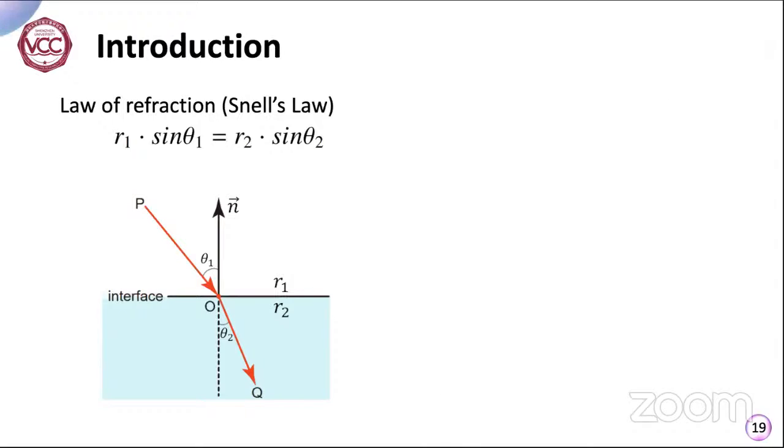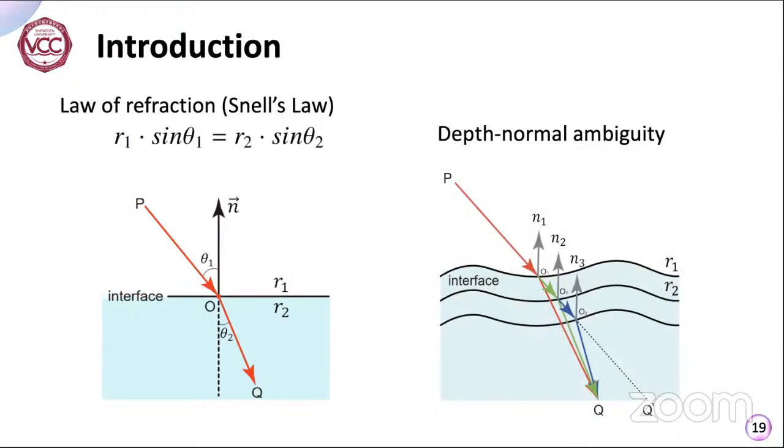However, this is an underdetermined problem, even in the case of a single refraction. Consider that a ray travels in another medium and ends at this point. I write here the Q in the second medium.